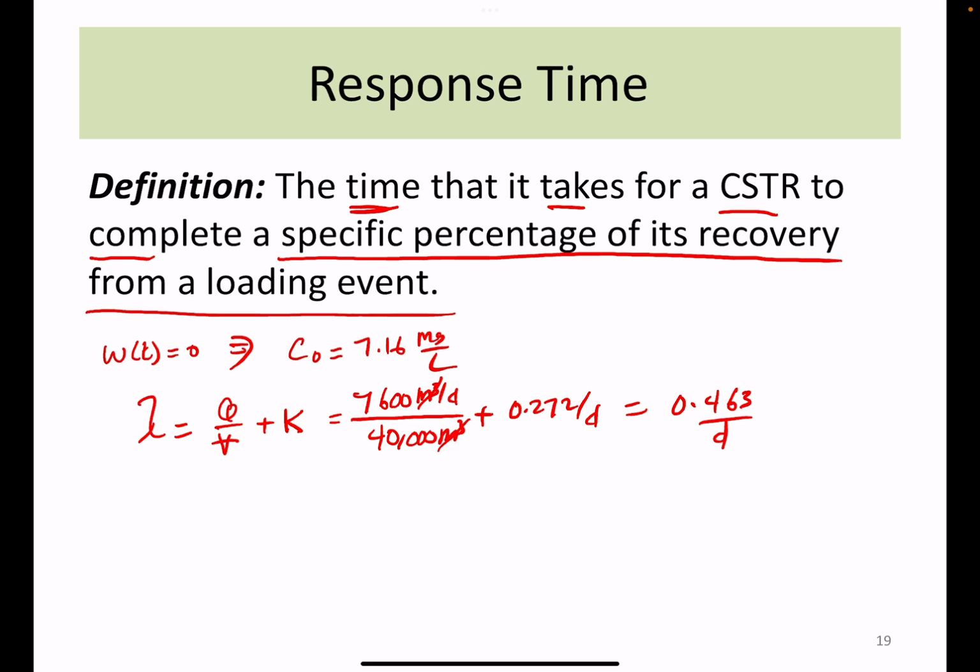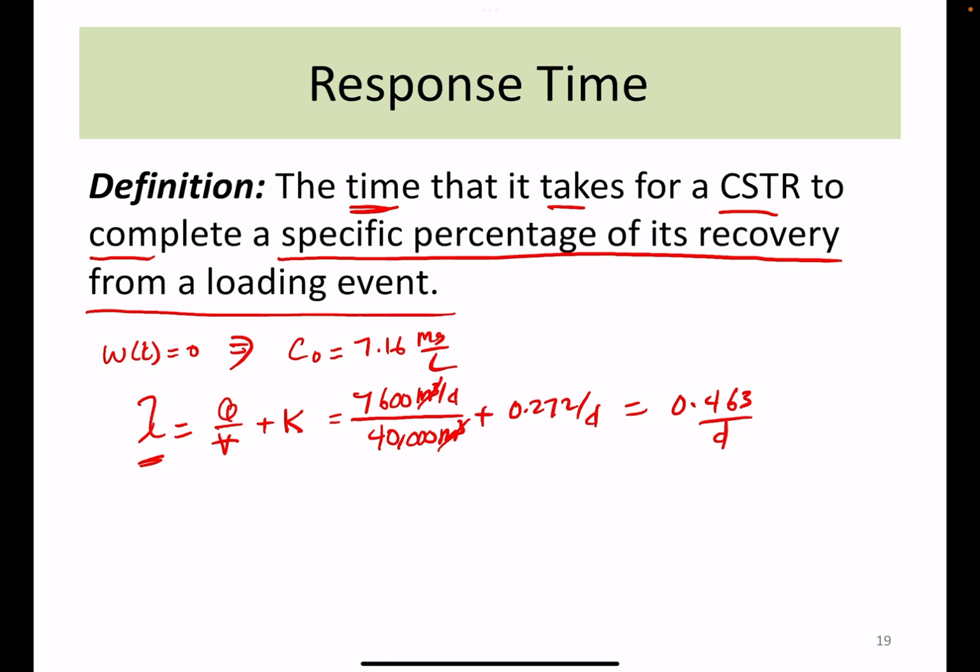And we can compare now how important different processes are by comparing lambda from this process to lambda from the other process. Okay, so this will also determine, and we're going to use that for the response time.